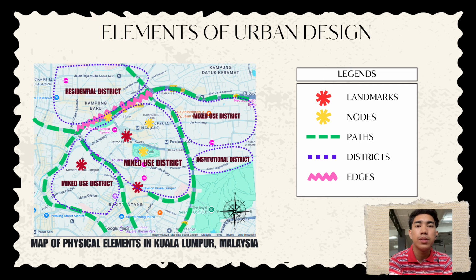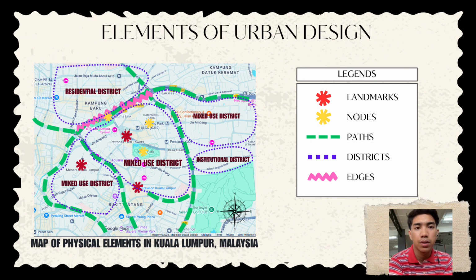In this map, we can identify 5 of the elements, which are landmarks, like the iconic tall buildings of the Petronas Twin Towers; nodes, such as transport hubs like LRT or MRT stations, or busy intersections; paths, including major roads and rail systems; districts, like residential areas such as the Kampung Baru area, mixed use and institutional areas; and lastly edges, such as rivers or highways that define boundaries.